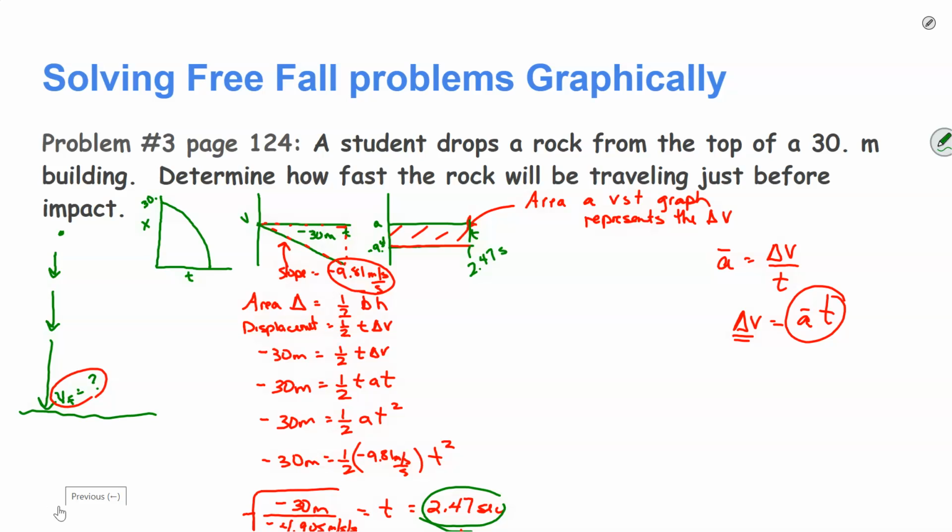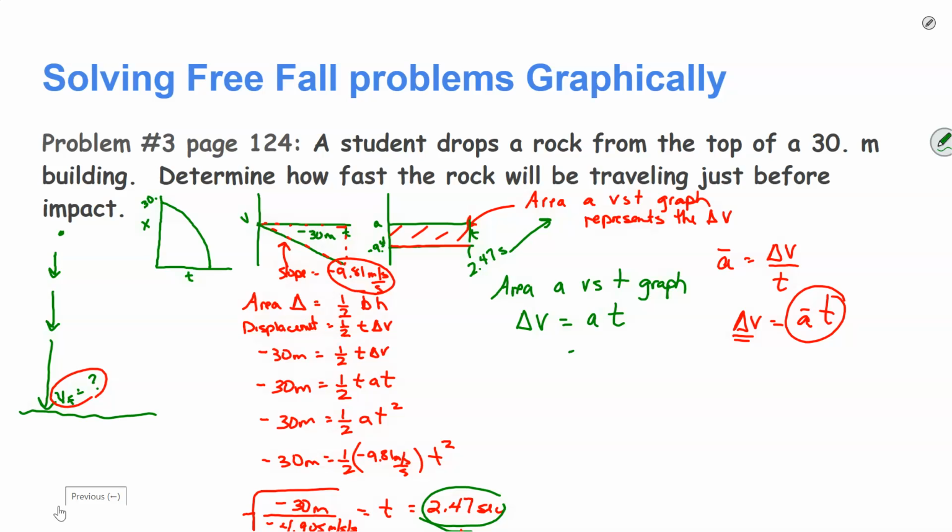2.47 seconds. So the area, it's a rectangle, so the area of the acceleration versus time graph equals the change in v. So the change in v equals the base, which is acceleration, times the time, right?